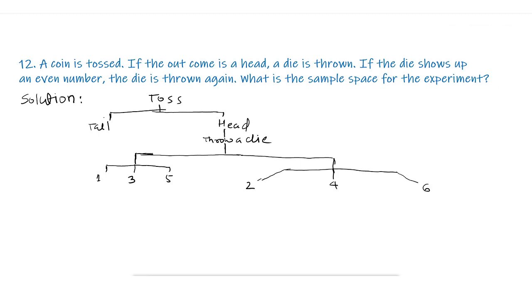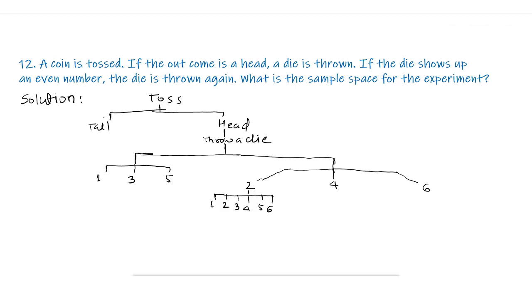And if an even number comes up, then we have to throw the die again. So if 2 comes, then there will again be 6 outcomes: 1, 2, 3, 4, 5, and 6.